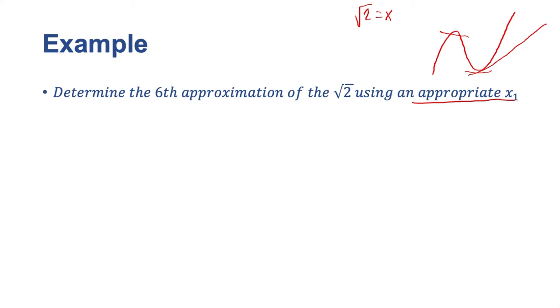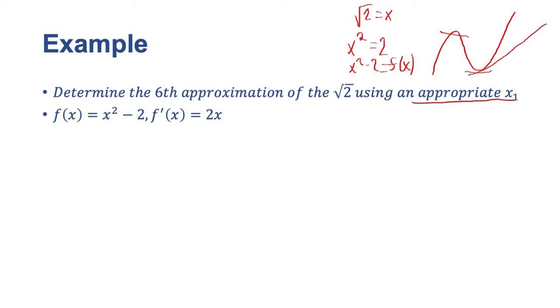So a good function that we could choose is x squared equals 2, or x squared minus 2 equals f of x. That's going to be a good function that we can use to approximate. So f of x is going to be x squared minus 2. And so our f prime of x is going to be 2x because we just differentiate that. And of course, that's just a super easy monomial that we can use the power rule with.